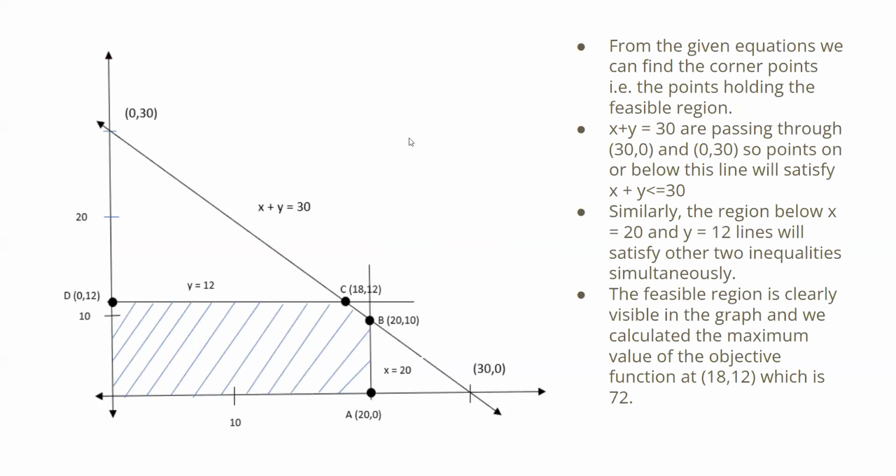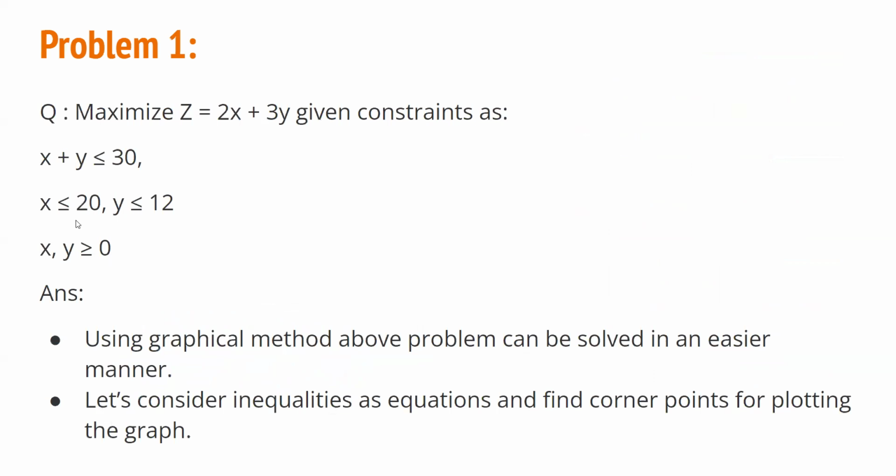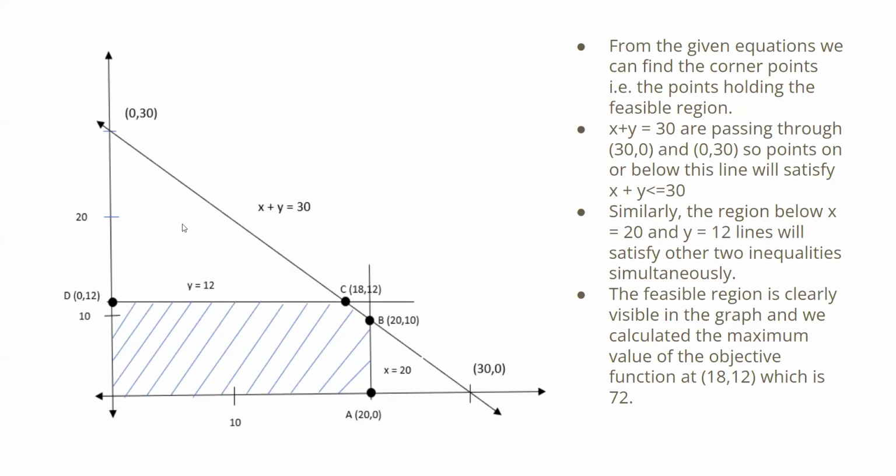If you consider this equal to 30, it will cut at 2 points. For x equal to 0, y is 30, and for y equal to 0, x is 30. So this is the line for the first inequality constraint. Similarly, for the other two constraints, x less than or equal to 20 and y less than or equal to 12, if we consider those as equations, then we will get two parallel lines, one parallel to the y axis and another parallel to the x axis.